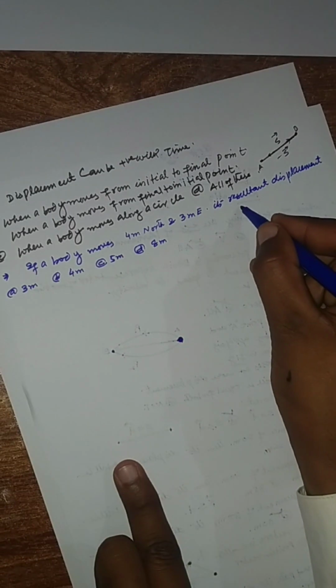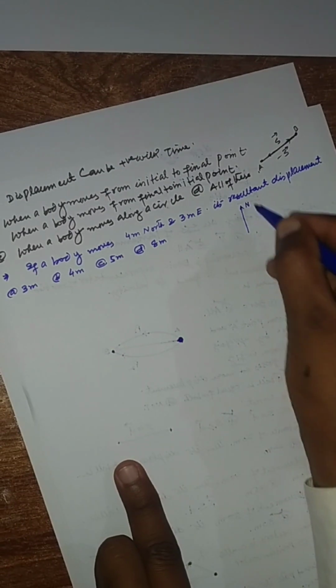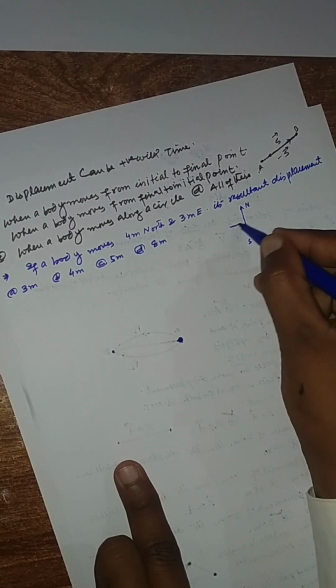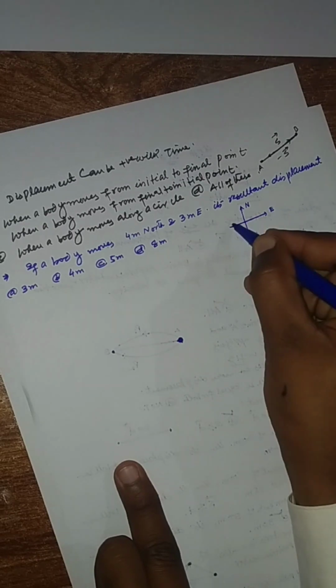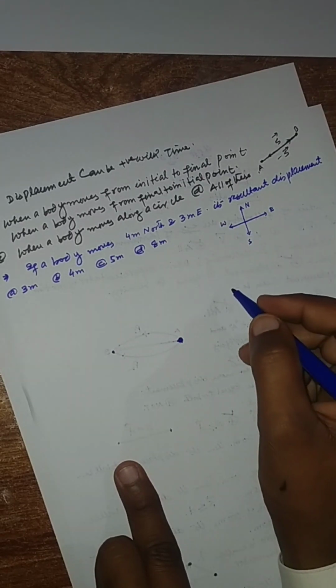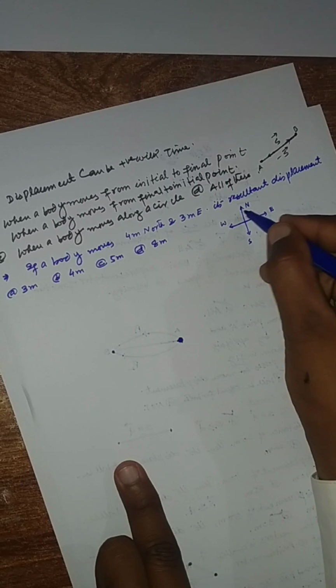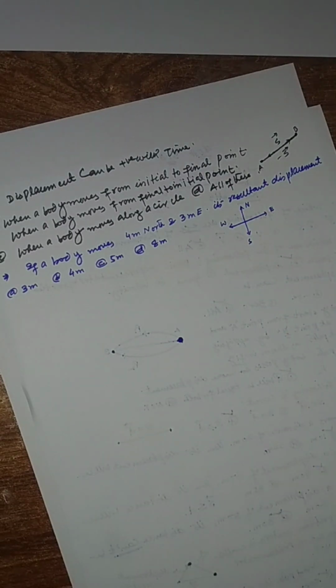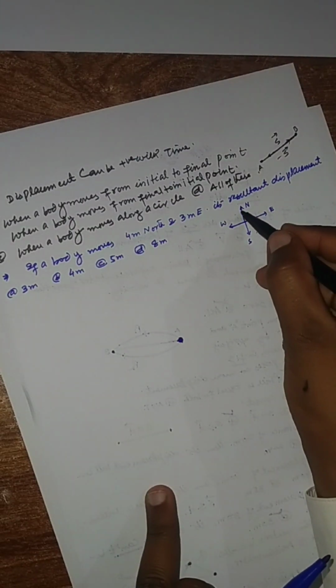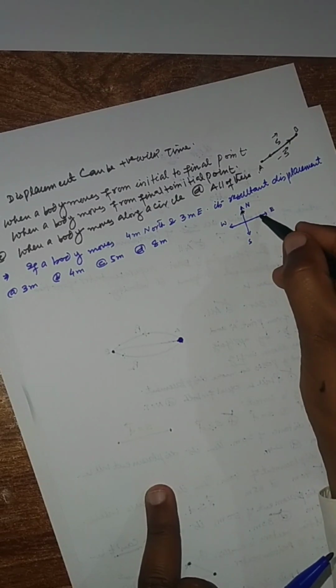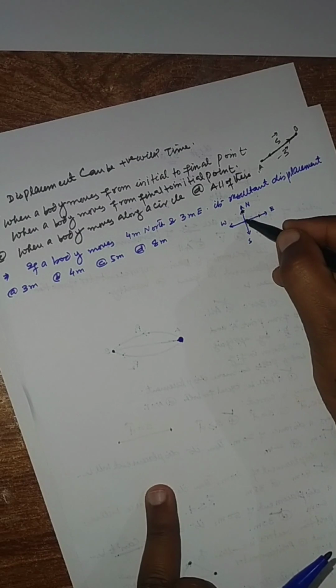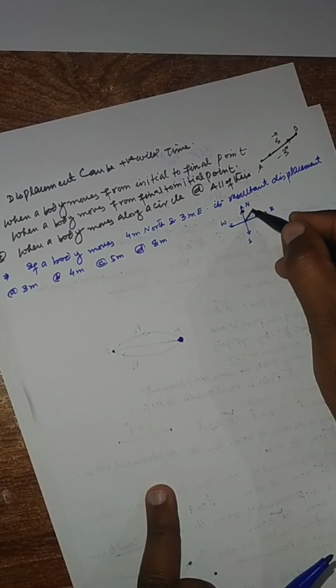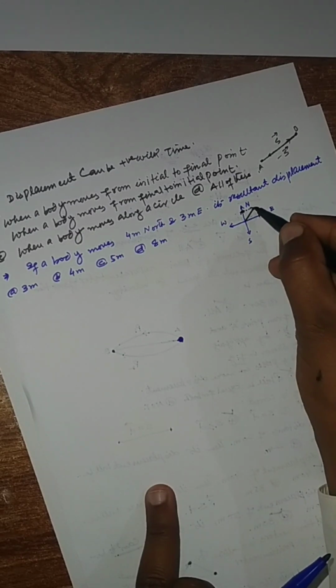Let's say this is north, south, east and west. If a body moves 4 meters towards north, let's suppose this is 4 meters and this is 3 meters, so this will be its resultant.